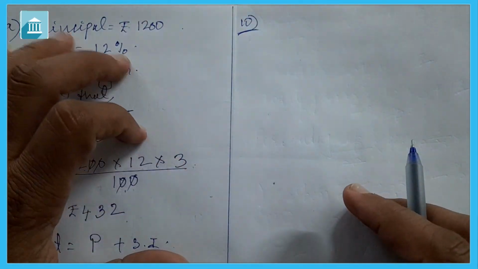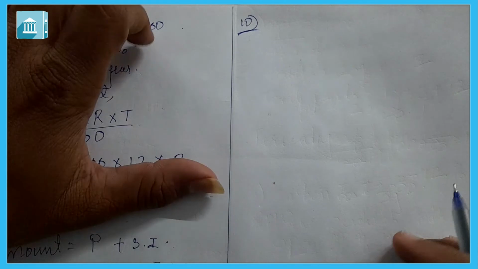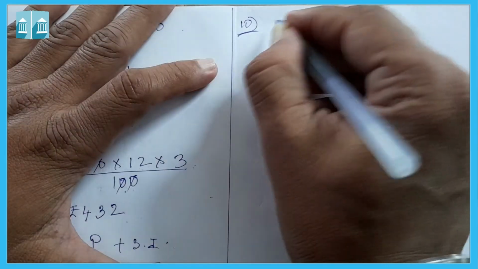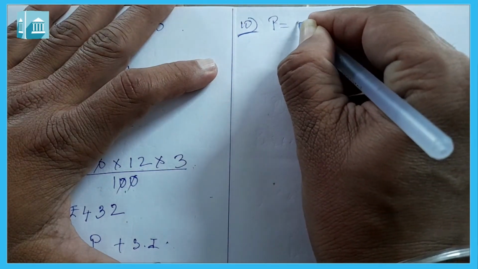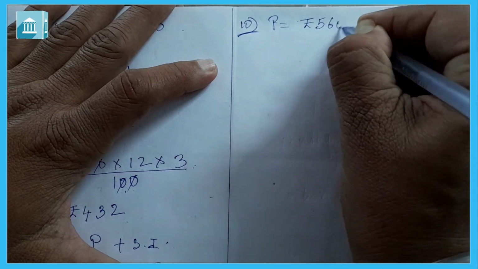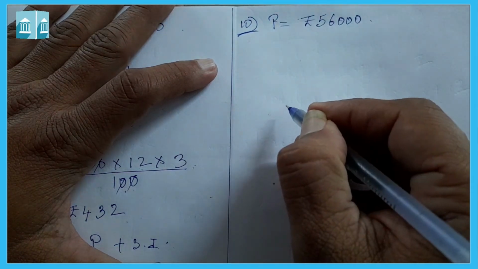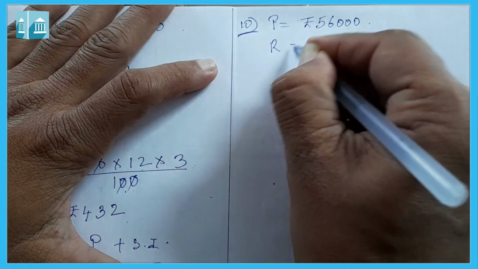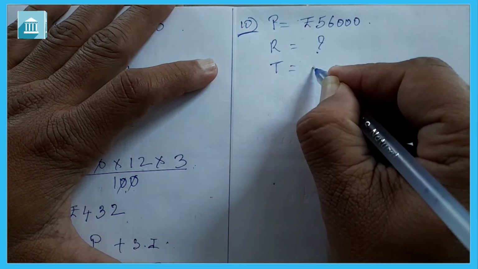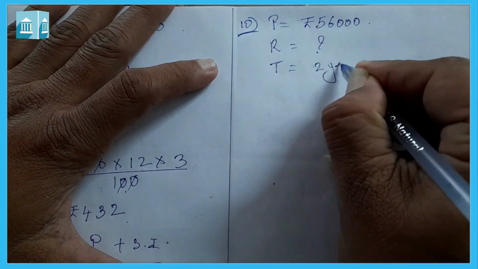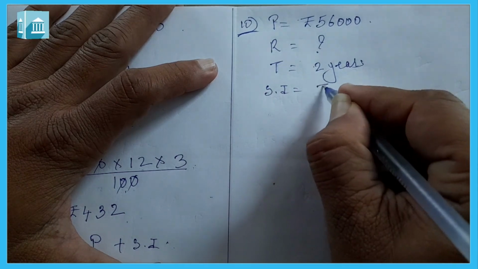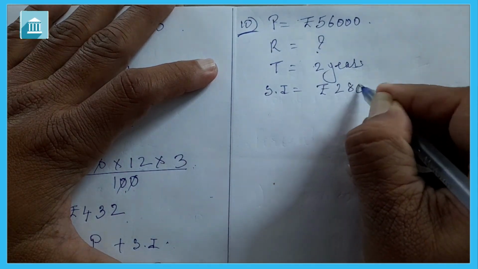Question number 10 is, what rate gives rupees 280 as interest on a sum of rupees 56,000 in 2 years? Here P is given, the principal is rupees 56,000, and the rate we have to find out. Time is again given, that is 2 years. SI is given, simple interest is rupees 280.